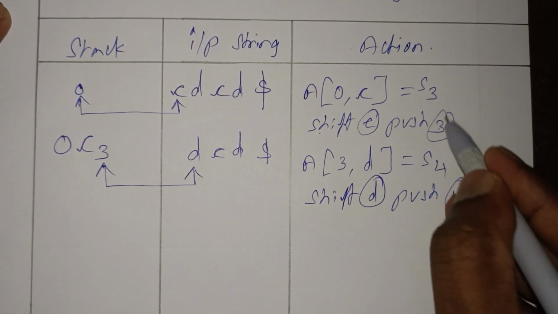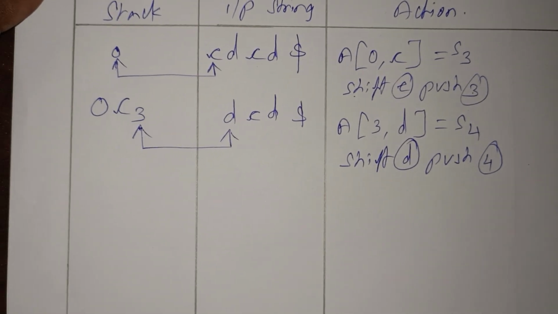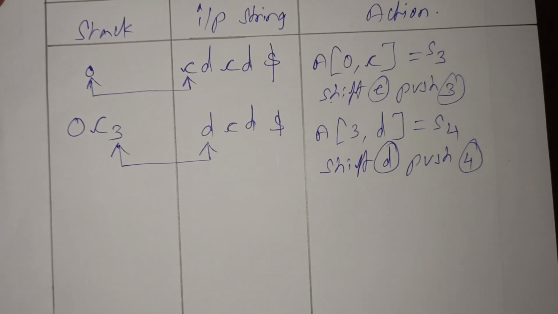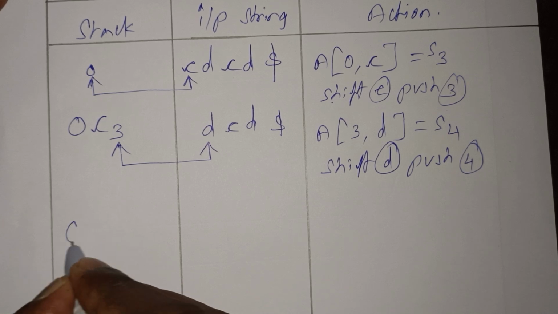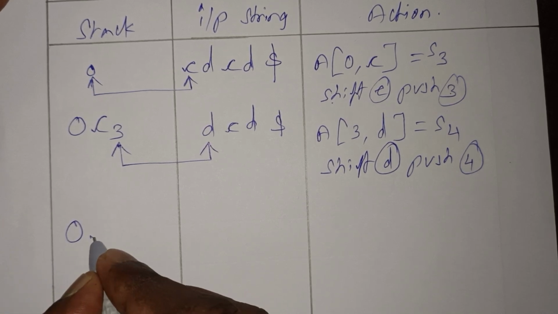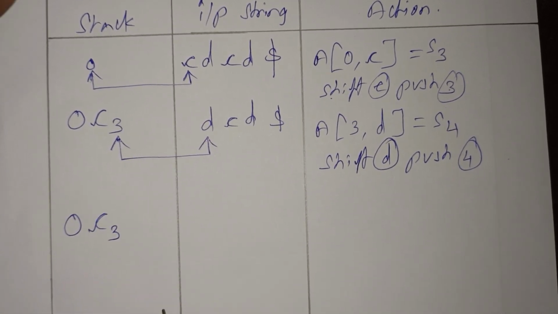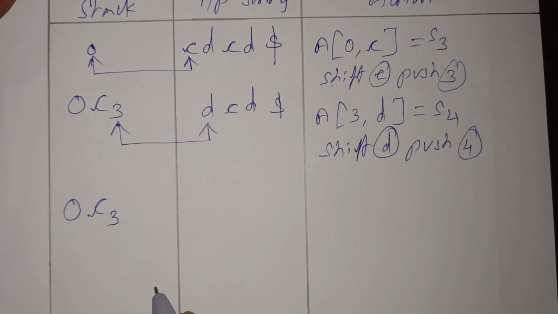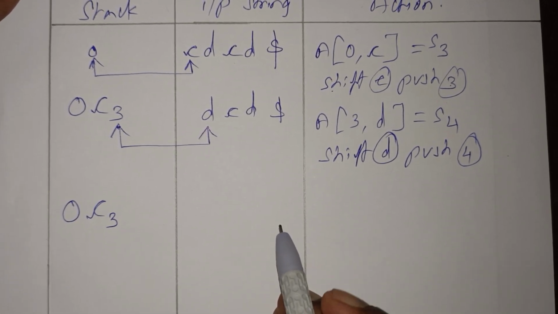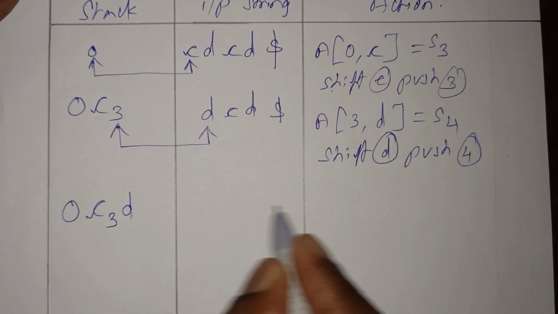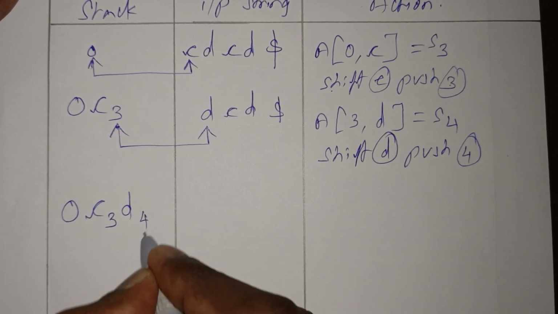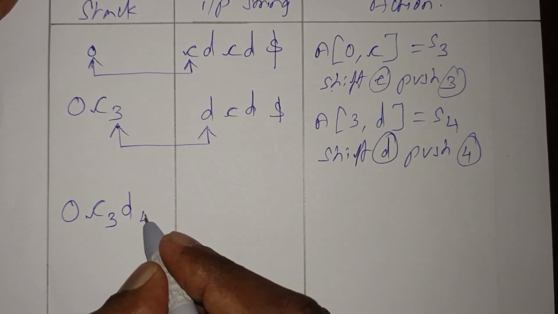Here it was small c and 3. We are going to do this step very carefully. 0 is already there, small c 3 is already there. That means it was not reduced, so we are just doing the shifting process. Small d we push here, and 4. This is what we have.